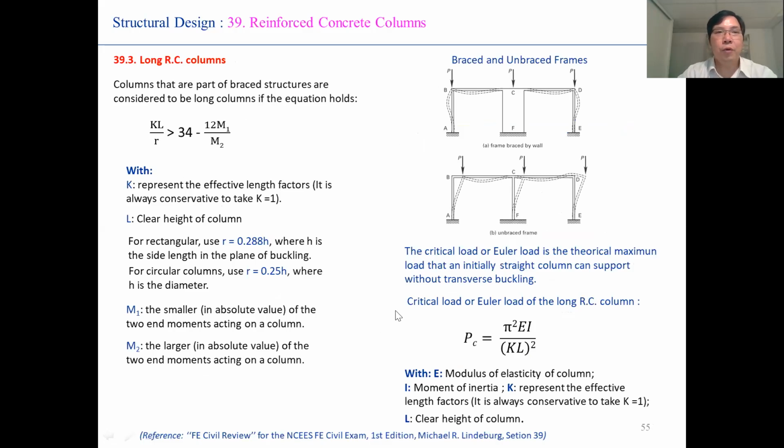And for the long reinforced concrete column, you can apply the equation given in this slide. Pay attention that a column that is part of the braced structure is considered to be a long column if the equation holds.